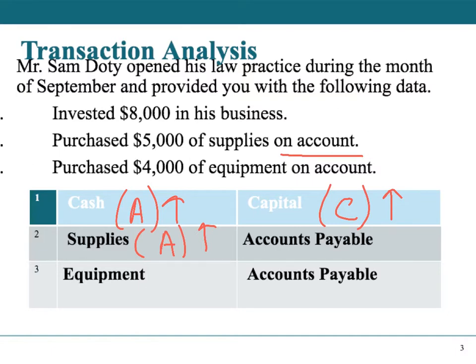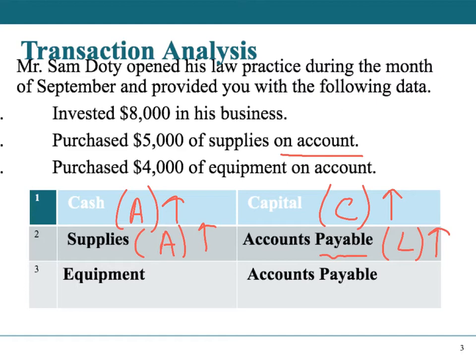If you see it worded, purchase $5,000 of supplies, period, assume you paid cash. If they added on account, that means we have not paid cash yet. So we will use accounts payable. And if you remember from prior discussion, payable is a liability. So we're more liable now, and it went up as well.